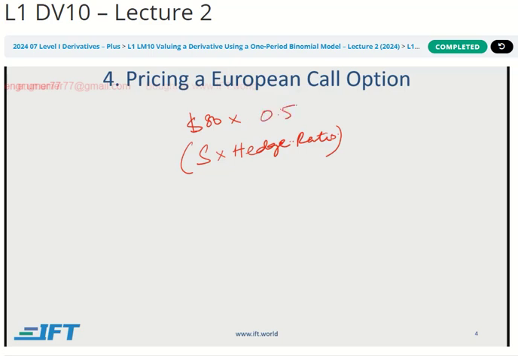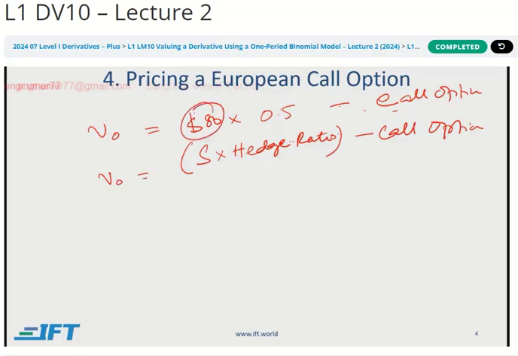So this is the money we will pay, and the money we will receive is the call option premium which the other party will pay to us, right? Because we're selling that. So our total investment today, which is the value of our investment today, is basically 80 multiplied by 0.5, because we're not buying all the shares, we're only buying half the number of shares, and minus the money we will receive from the call option premium.